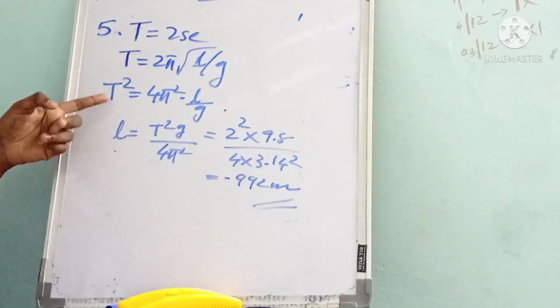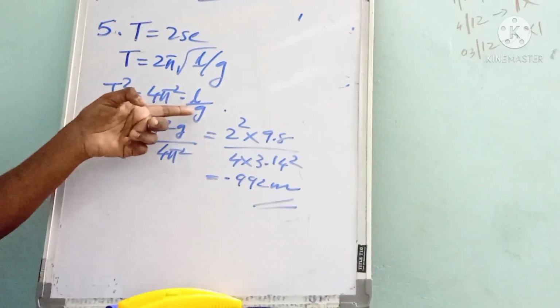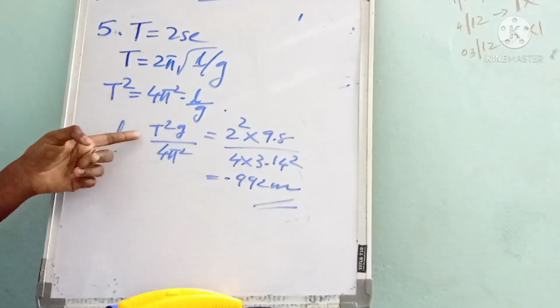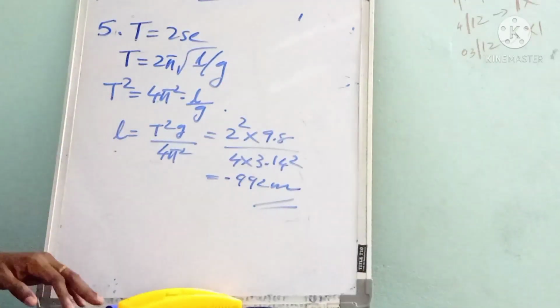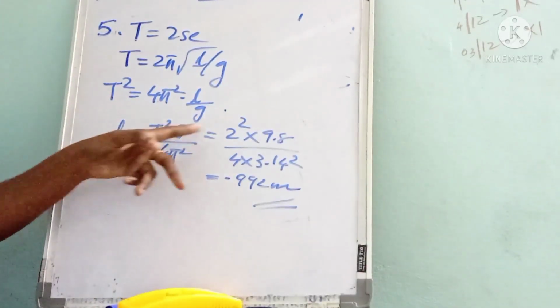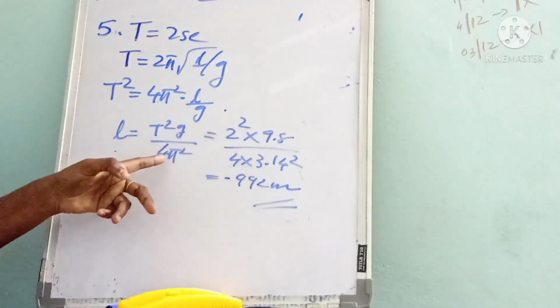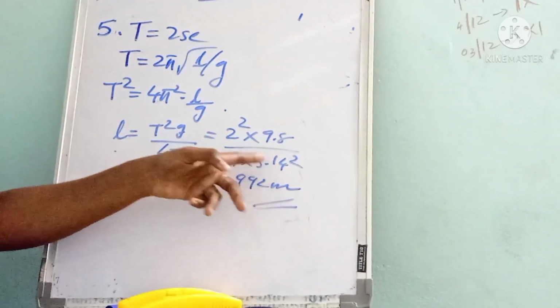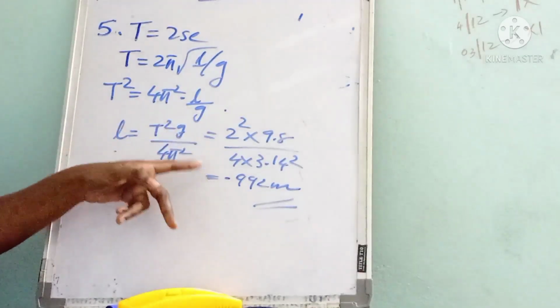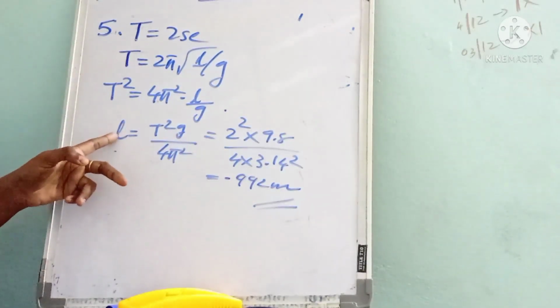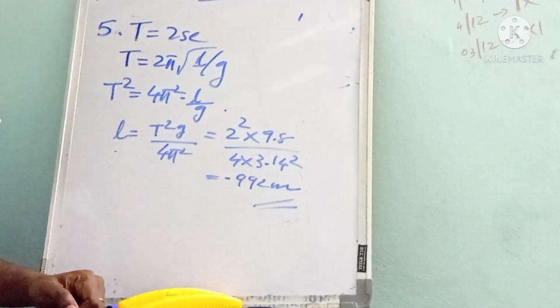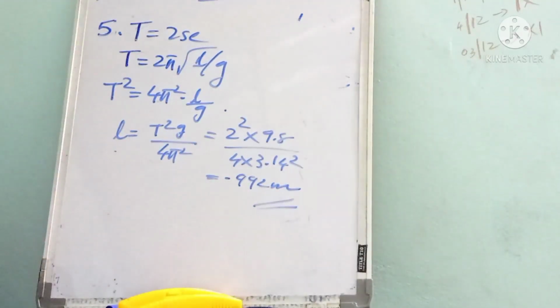Squaring both sides, T squared equal to 4 pi squared L by g. From this, L is equal to T squared g divided by 4 pi squared, where T squared is 2 squared, g is 9.8, and 4 into 3.14 squared. By simplifying this, we get the length of the pendulum as 0.992 meter.